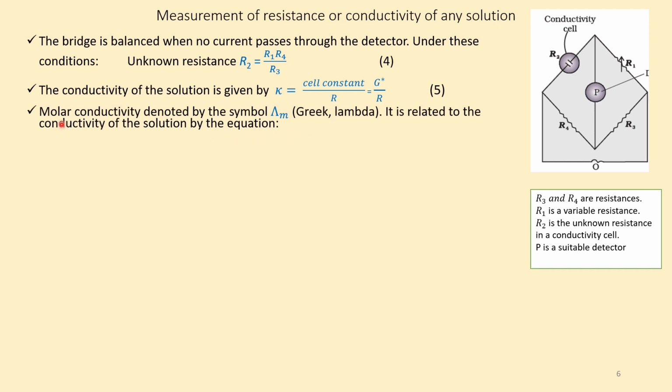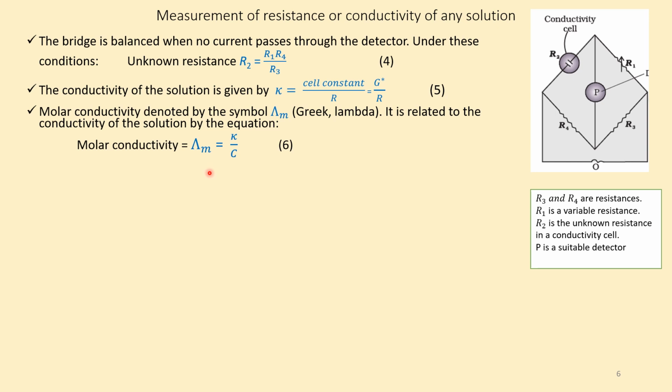So I will read this sentence once again. Molar conductivity, which is denoted by lambda m, is related to the conductivity of the solution by the equation: molar conductivity lambda m is equal to kappa by C. Let it be equation 6.